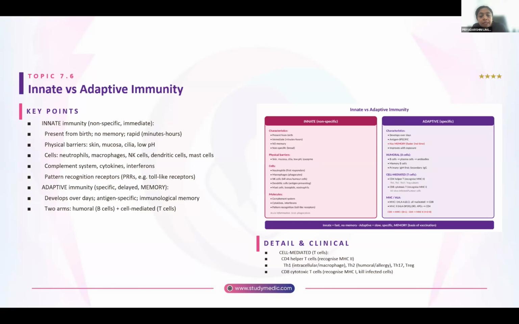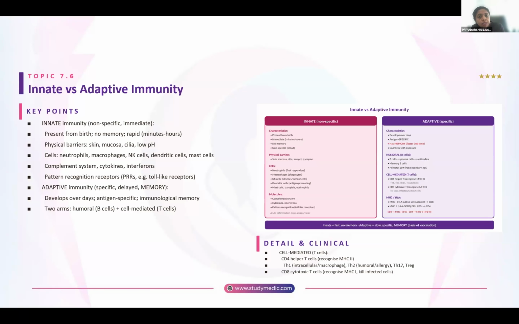So this is a key difference between your CD4 cells and your CD8 cells. Now, coming to your MHC and your HLA, you have your MHC1 and your MHC2. Your MHC1, we know, is associated with your CD8 cell, and MHC is the major histocompatibility complex. Your MHC2 is associated with CD4 cells. So these are potential areas in which your questions can be targeted. Humoral cells, what do they produce? Your cell-mediated, what are your CD8 cells?